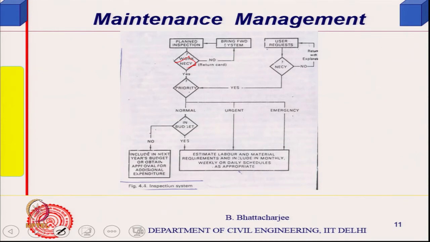If it is yes, then I find out what its priority is, and if its priority is normal, then I look at whether it is within the budget or not, again a decision box.